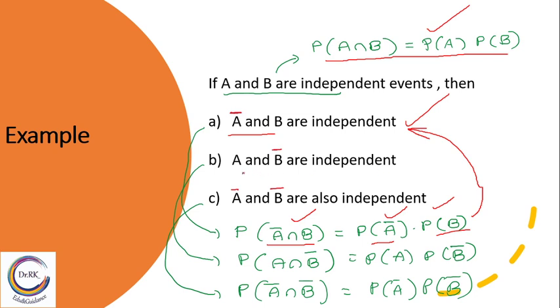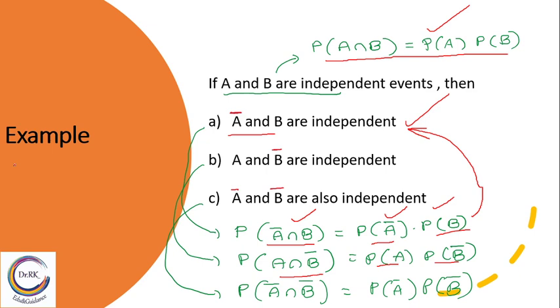Similarly, when can we say A and B complement are independent? Very simple, joint equals product of separate. P of A intersection B bar equals P of A into P of B bar. Similarly, A bar and B bar: P of A bar intersection B bar equals P of A bar into P of B bar. If we prove this, then we can conclude the respective statements given.